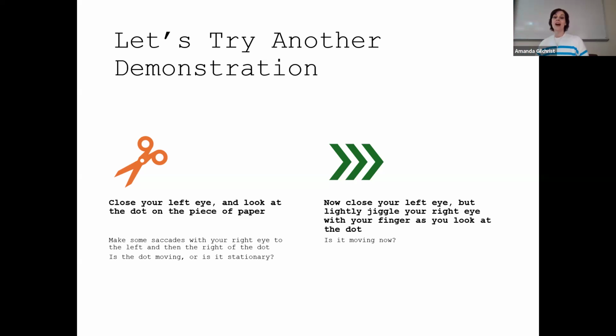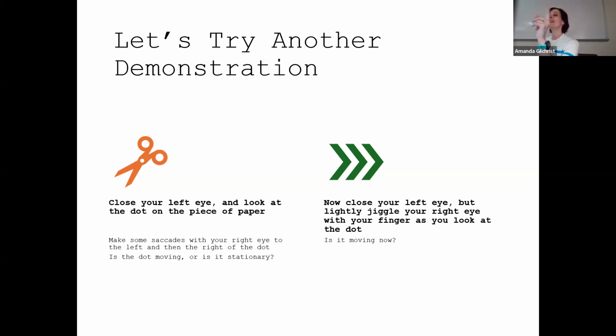Now, I want you to close your left eye, but jiggle your right eye with your finger as you view the dot. Go ahead and jiggle it. Commence to jiggling. Yeah, poke your eye and move it around a little bit.